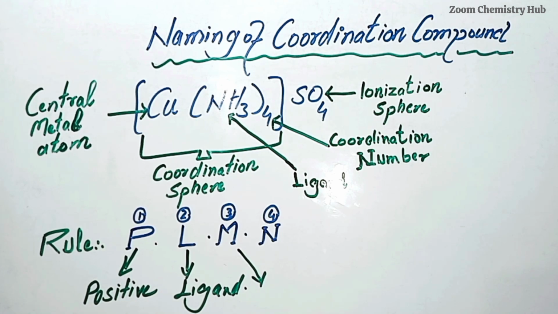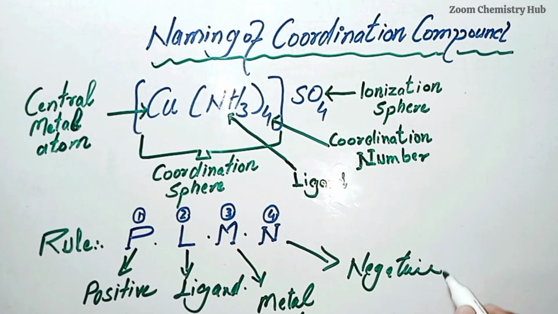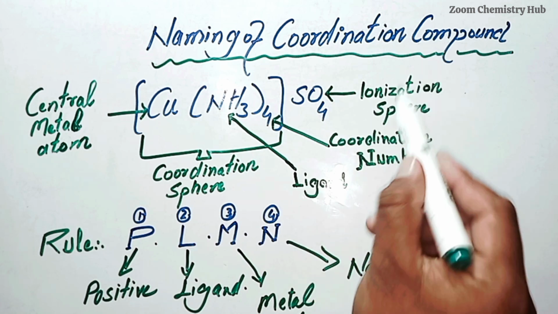Similarly, next we will write the metal atom, and at the last we will write the negative atom or negative ions. So this is the rule, or the trick, by which we give the naming to the coordination compound.